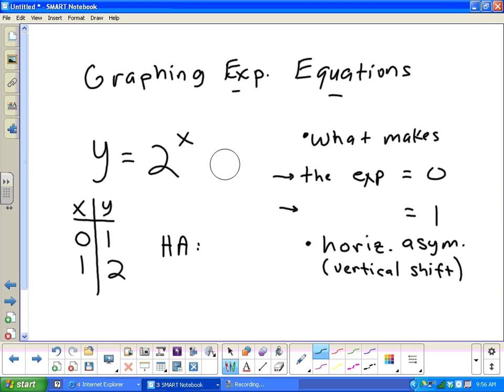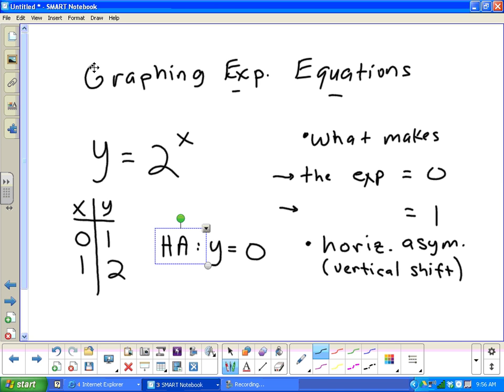So what do you think the vertical shift is on this one? 0. So the horizontal asymptote would be y equals 0. You remember we've used this abbreviation before: HA is for horizontal asymptote. The horizontal asymptote comes from the vertical shift.